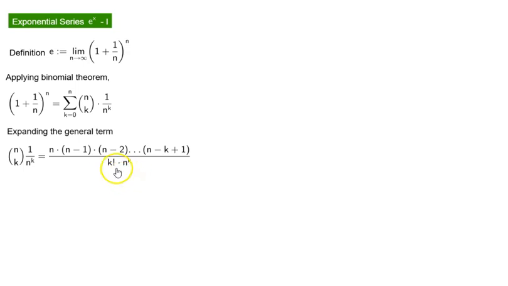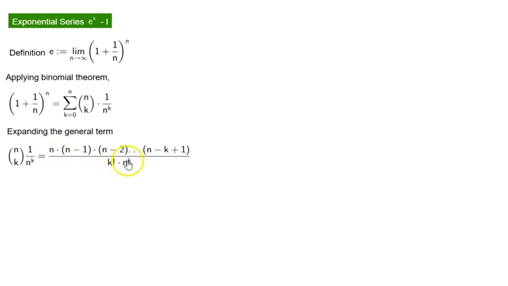Now here, what we are going to do next is take out this n from each of these brackets. So how many will we be taking out? We will be taking out n k minus 1 times, and one n is already there. So we end up with n to the power of k in the numerator.